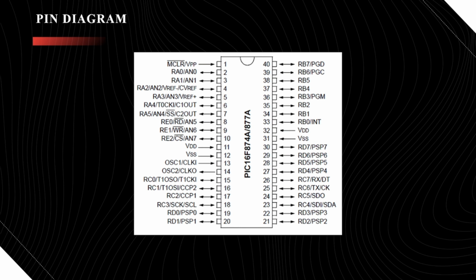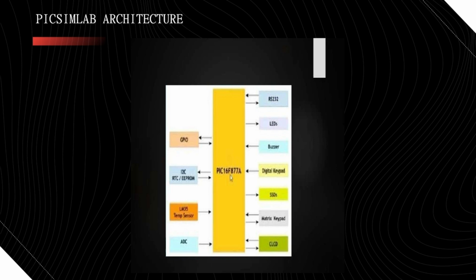Generally, it consists of 40 pins in which 5 ports are bidirectional. This is the PiximLab architecture. Here we can see the buzzer, digital keypad, matrix keypad, CLCD, temperature sensors and RTC EEPROM.